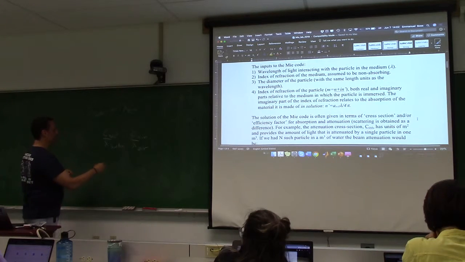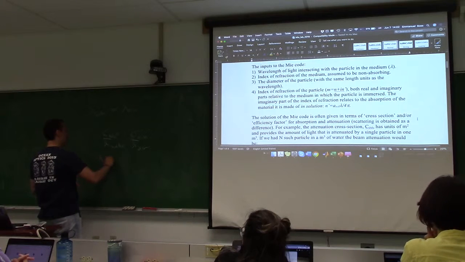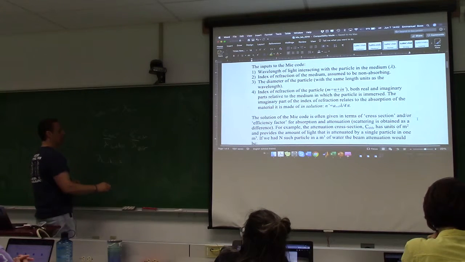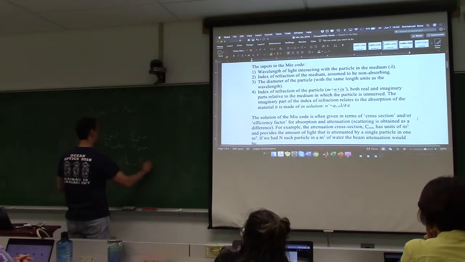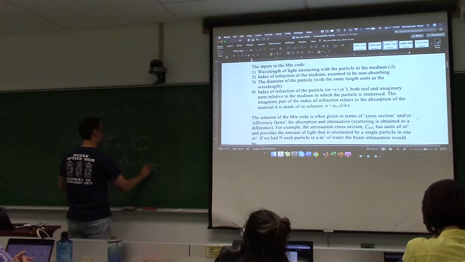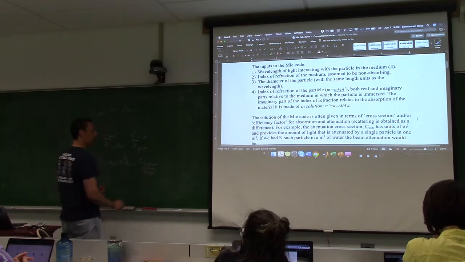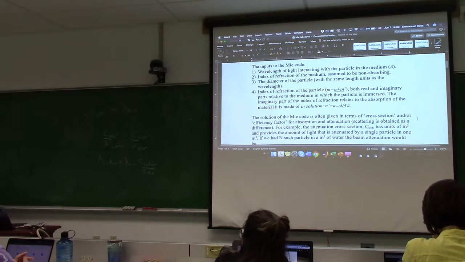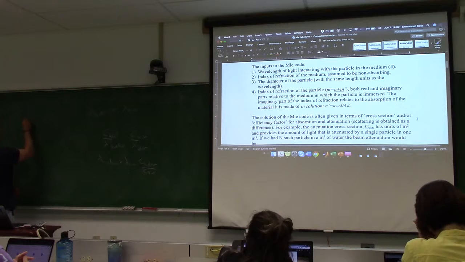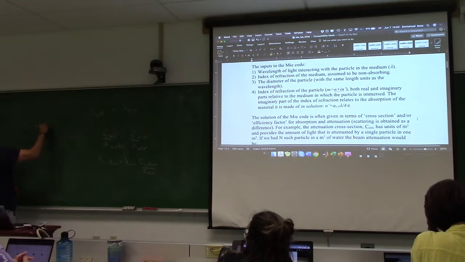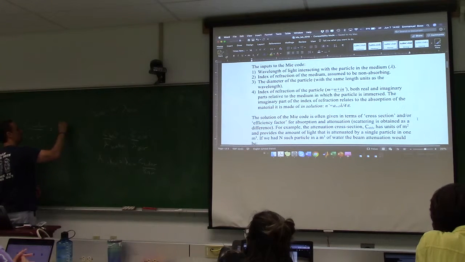So now I'm going to invert it, and say that my wavelength in water equals my wavelength in air times the velocity in water divided by the velocity in air. And the velocity in water divided by the velocity in air is equal to the inverse of the index of refraction, so n in air relative to n in water.